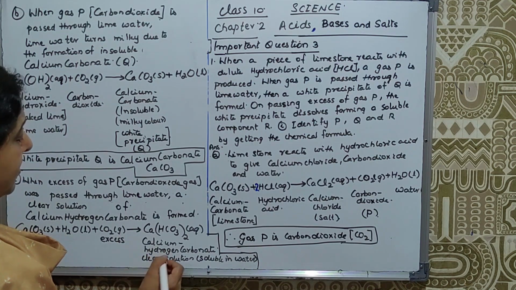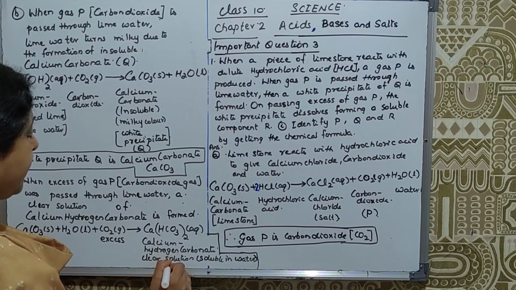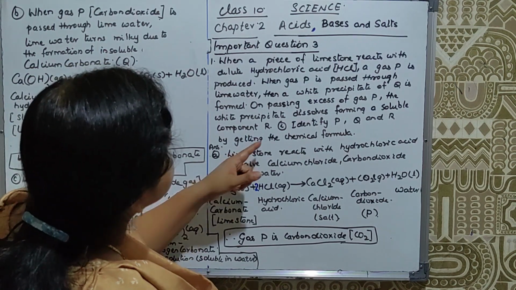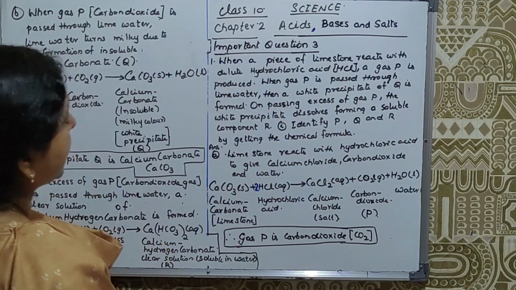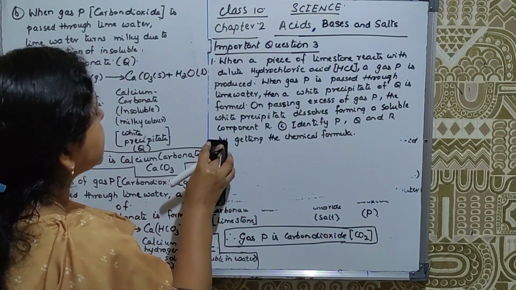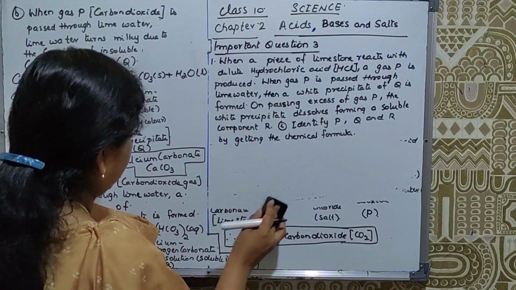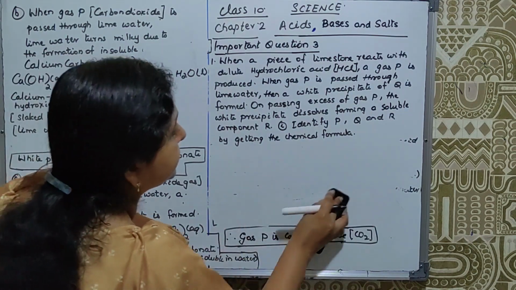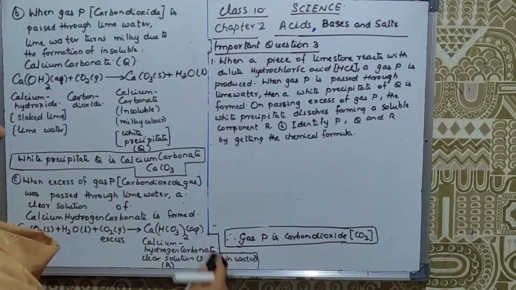So compound R I am writing on one side. So I will conclude that the soluble component R is calcium hydrogen carbonate. Its formula is Ca(HCO3)2. The equation is balanced.